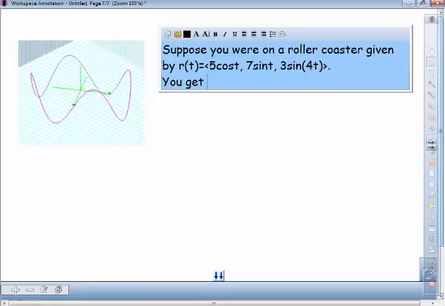You get ejected into a straight line at t equals pi.